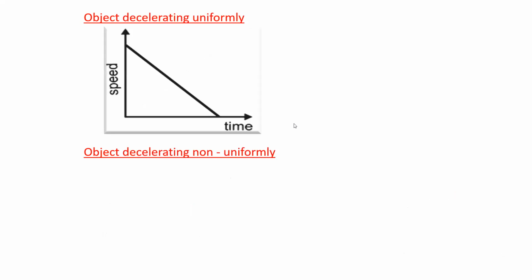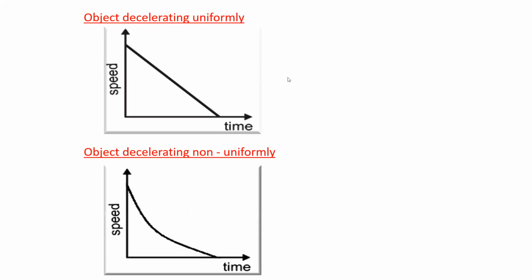And the last part is about deceleration. If an object is having a constant deceleration, what is the meaning of constant deceleration? The term deceleration means the speed is decreasing. So an object is moving and its speed is decreasing, but it is decreasing at the same rate.